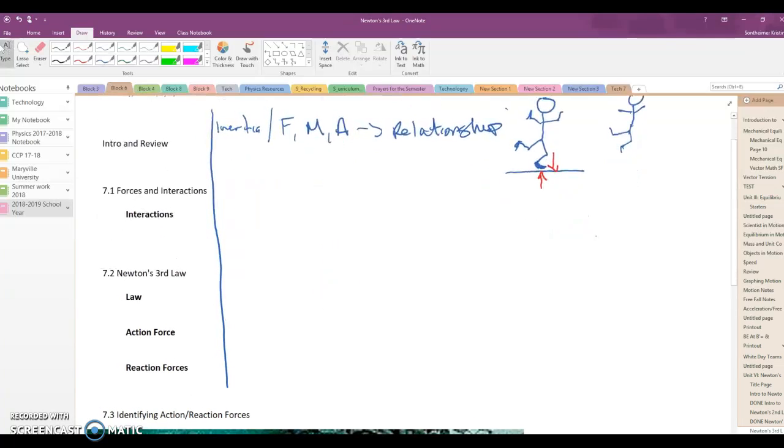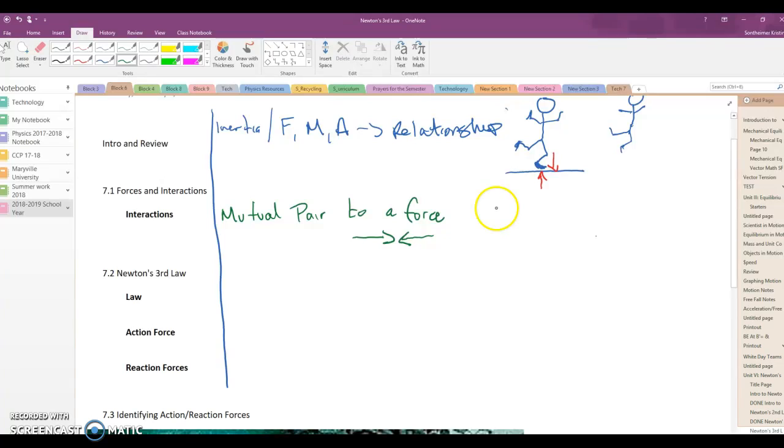That takes us right into forces and interaction. So there's always a mutual pair to a force. In order to have a force in one direction, there's got to be a response in another direction. Okay? There's got to be something to react with it. Otherwise, there is no force.